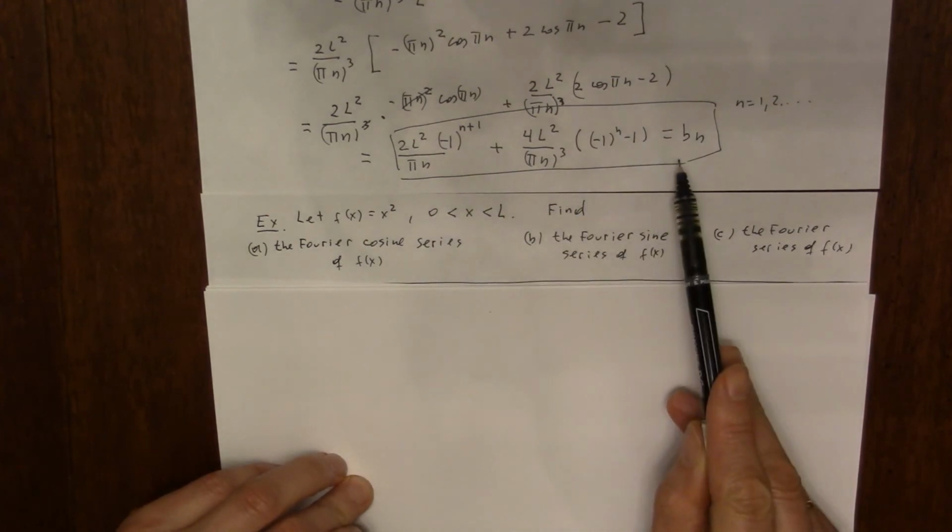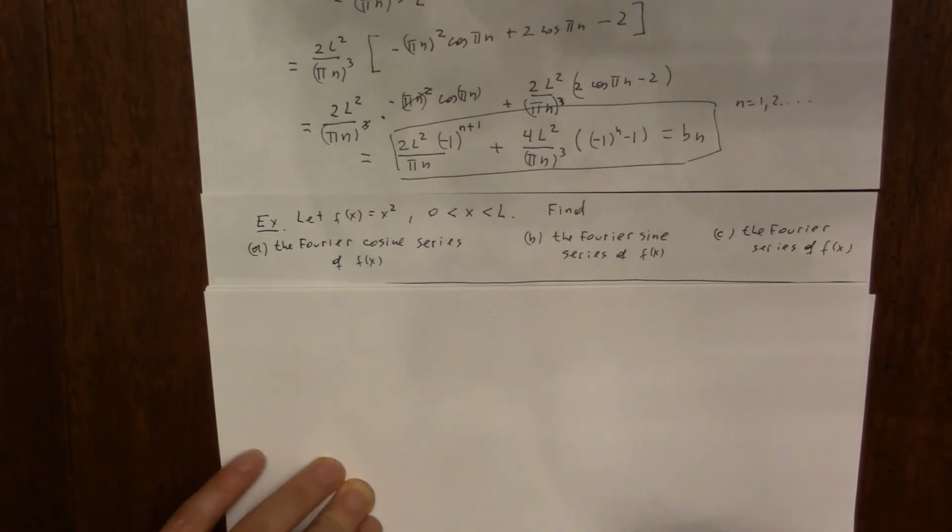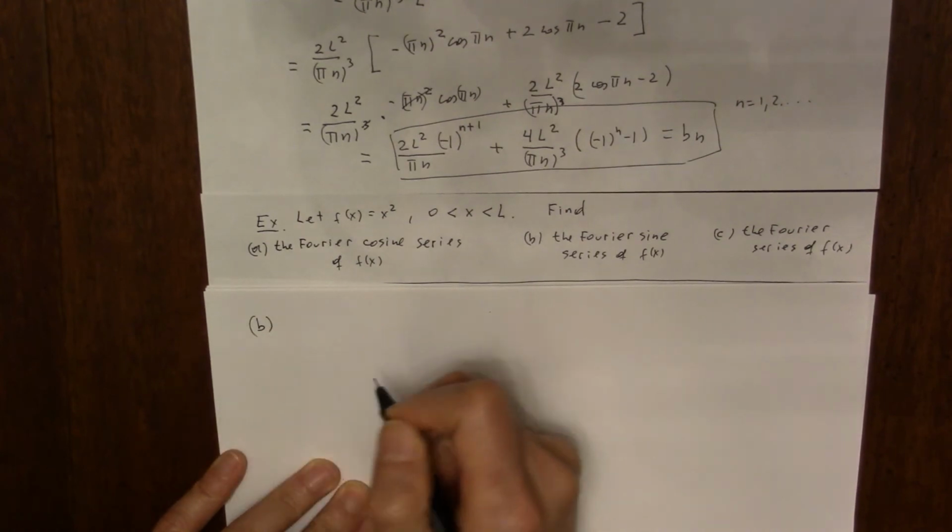Now that we know what Bn equals, we can write down the Fourier sine series for function f of x.